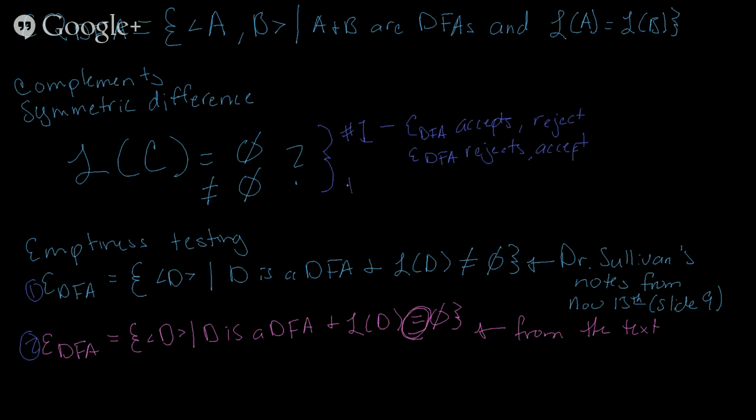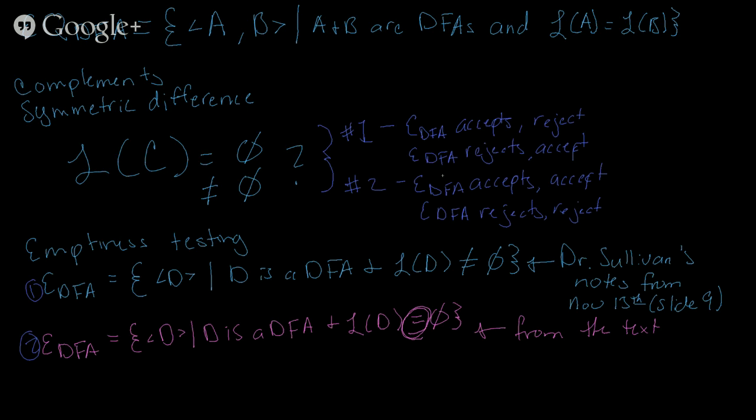But if you're using number 2, the one in pink down here, then it's going to do the opposite. So your E DFA accepts, you need to accept as well. And if your E DFA rejects, then you should also reject.